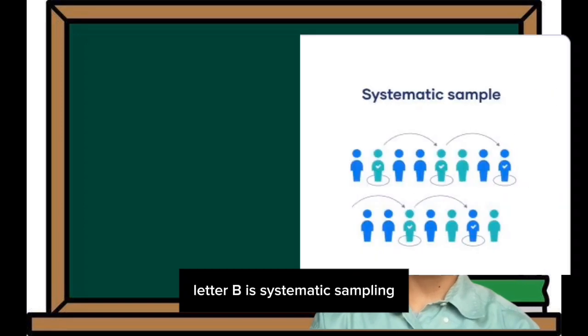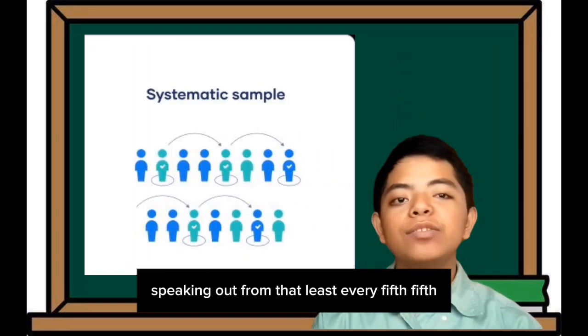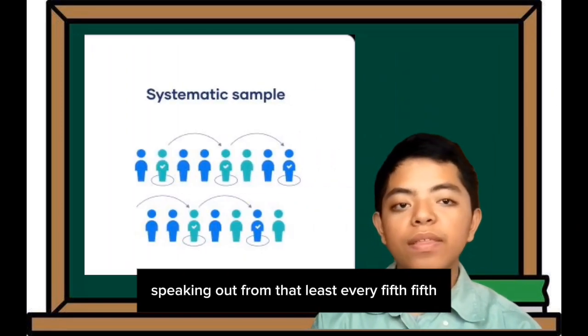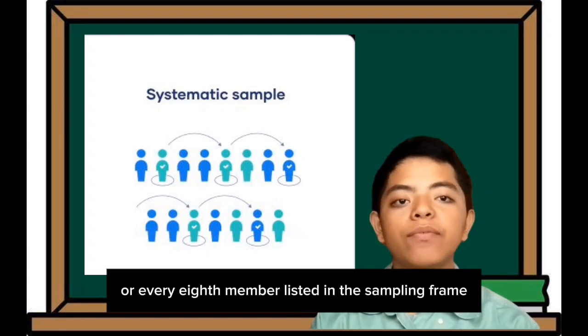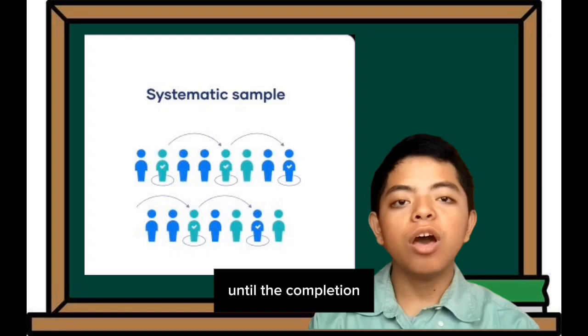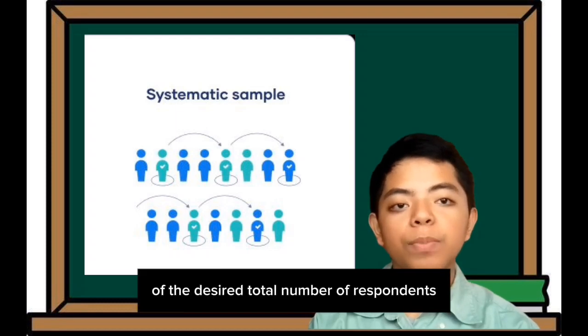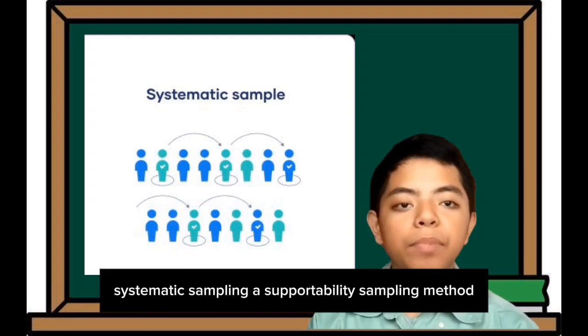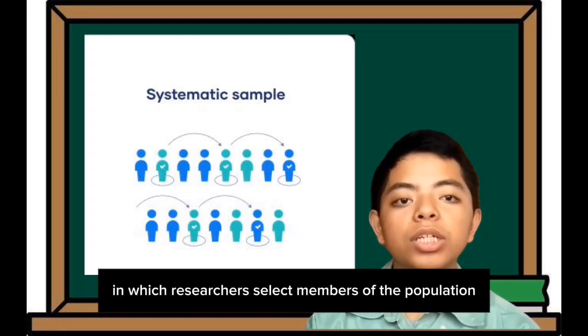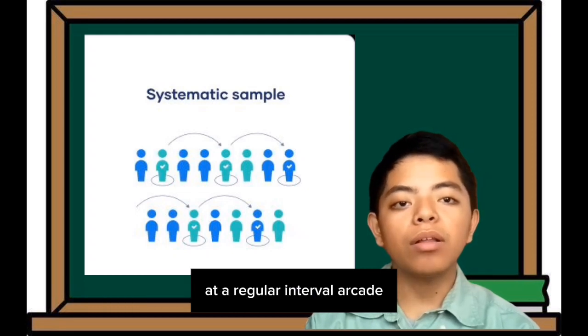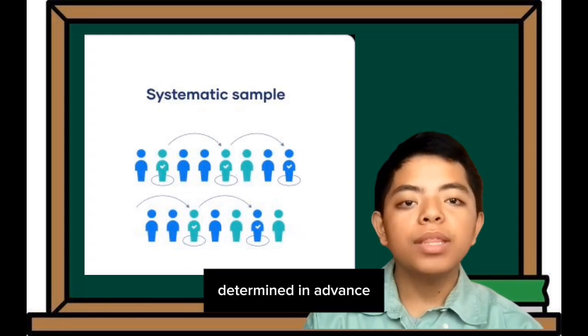Letter B is systematic sampling, taking out from that list every fifth or every eighth member listed in the sampling frame until the completion of the desired total number of respondents. Systematic sampling is a probability sampling method in which researchers select members of the population at a regular interval, or k, determined in advance.